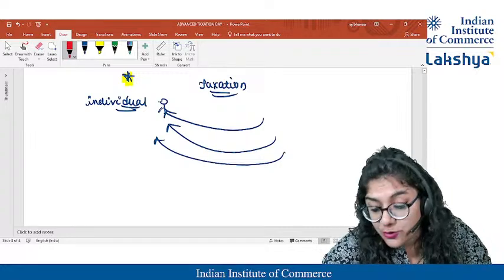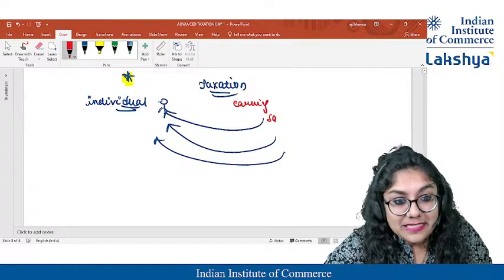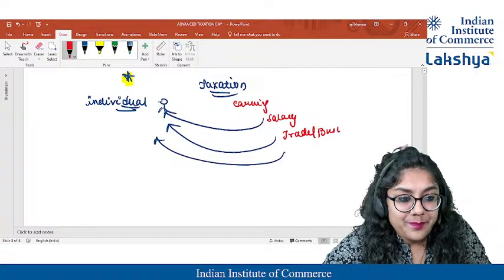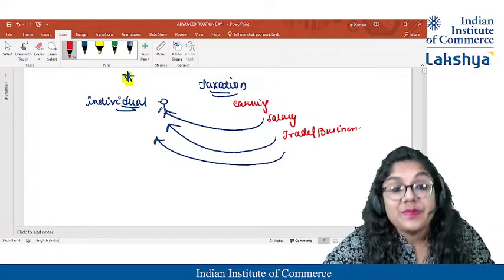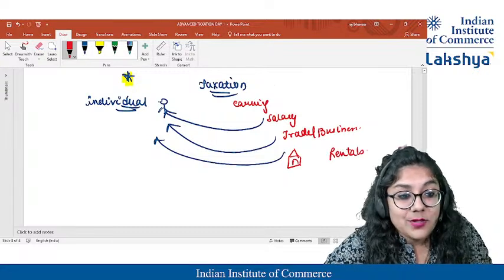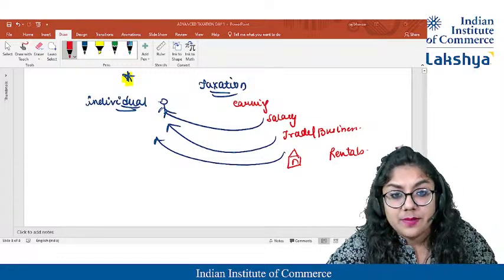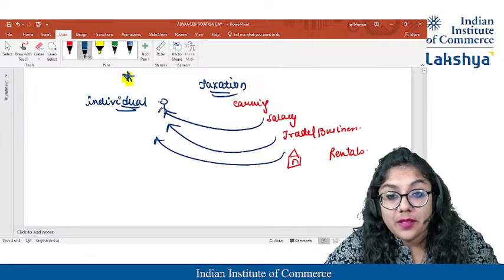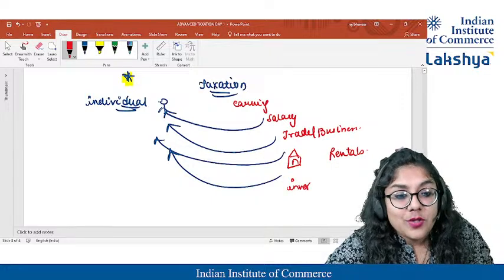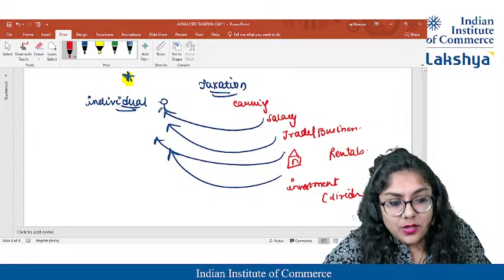If he is doing a job, he'll be earning salary. If he has his own trade and business, maybe he'll earn profits from there. If he has house property, maybe he'll earn rentals or investment properties and so on. And if he has invested some money, he'll be earning, let's say, dividend or interest or whatever it is.